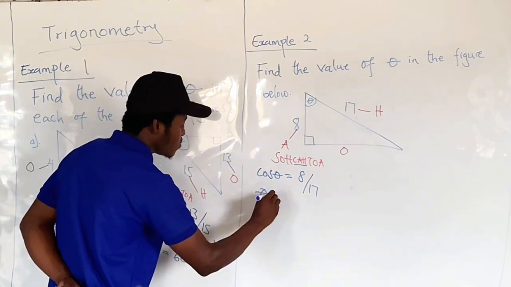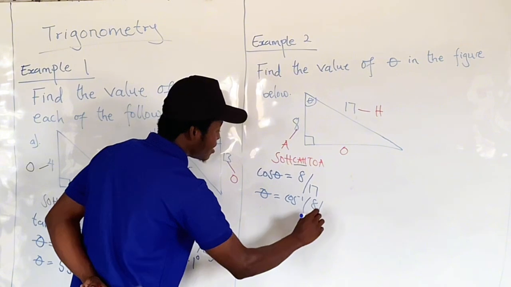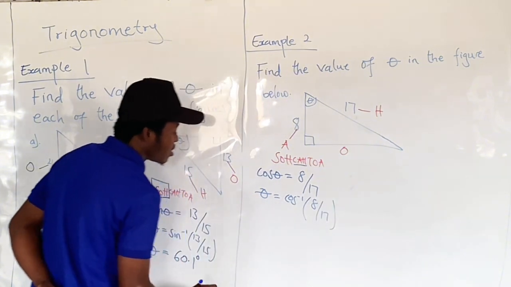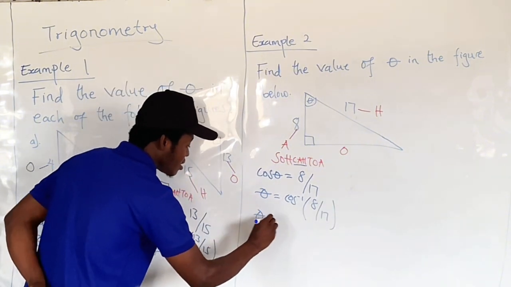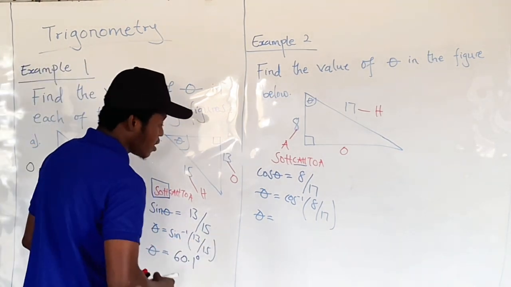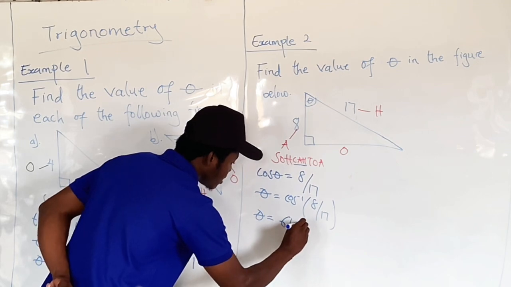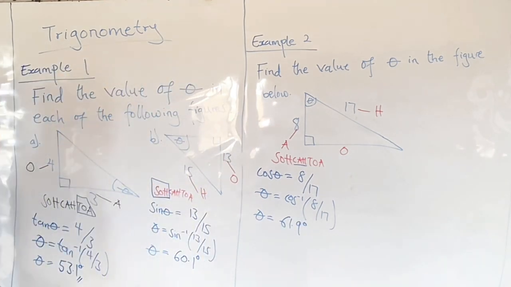To find the angle theta, we go ahead and find the cos inverse of 8 over 17. Solving this on the calculator, cos inverse of 8 over 17 is 61.9 degrees. So the value of theta is now 61.9 degrees.